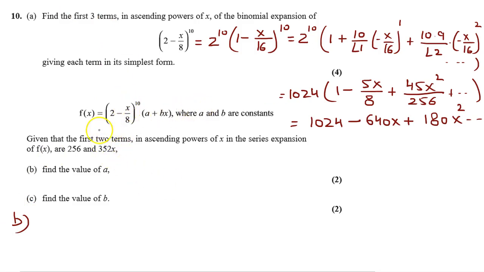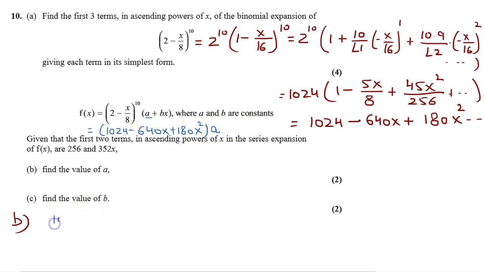If f(x) is this, so this is 1024 minus 640x plus 180x square, multiplied by a.